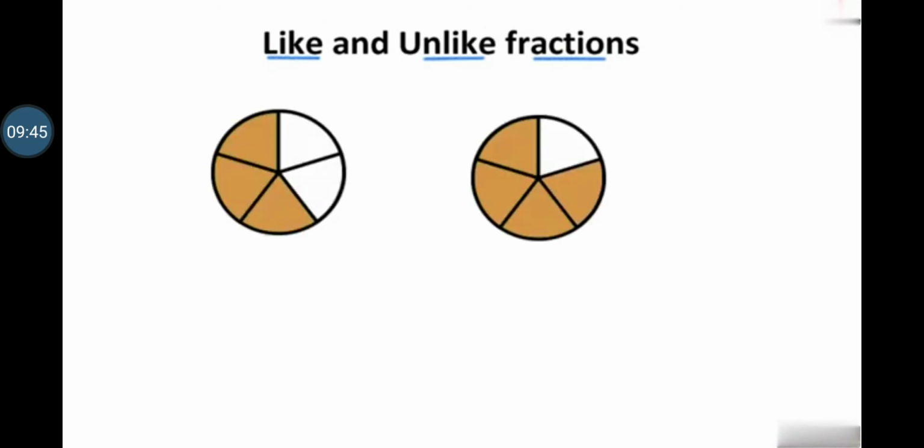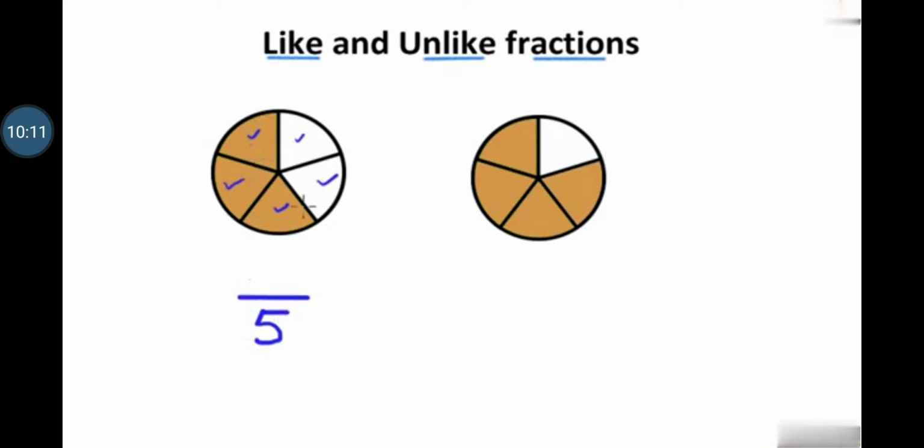As we are studying today about like and unlike fractions, let's look at these two pictures. We have two circles and we have divided them into equal parts. You can see 1, 2, 3, 4, 5. So this circle has 5 equal parts.